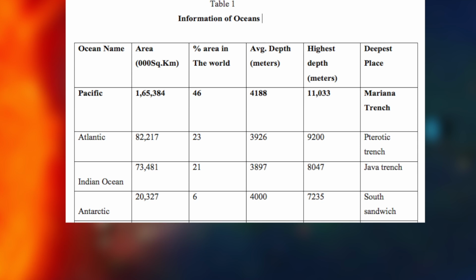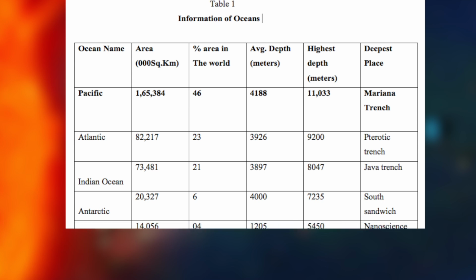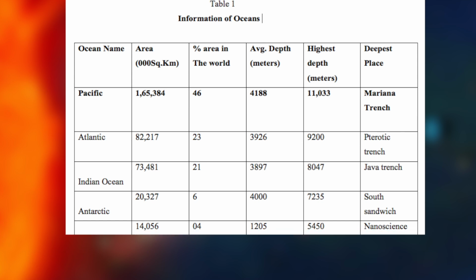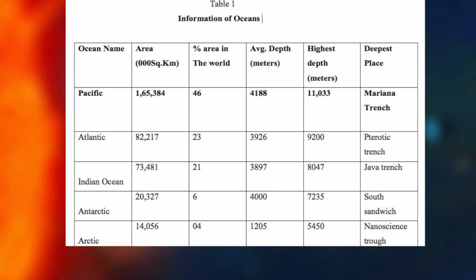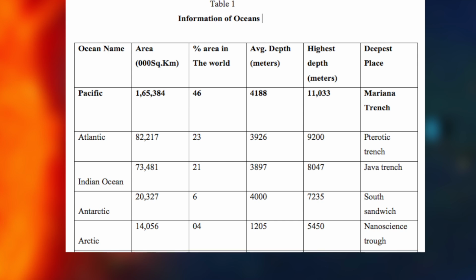Antarctic Ocean covers only 6% of the total world ocean area. The average depth is 4000 meters and the highest depth is 7235 meters. And the deepest place in this ocean is South Sandwich Islands. The Arctic Ocean covers 4% of the total ocean area and it is the smallest of all the oceans.